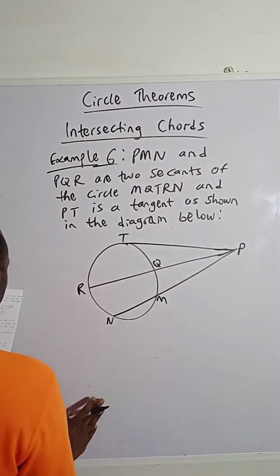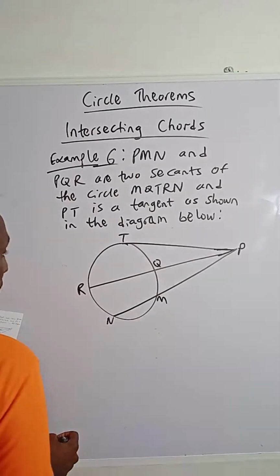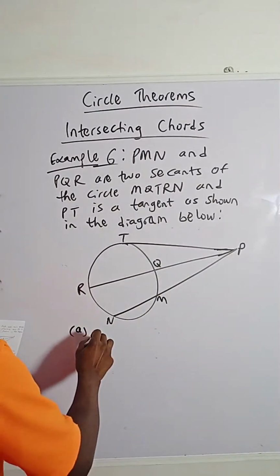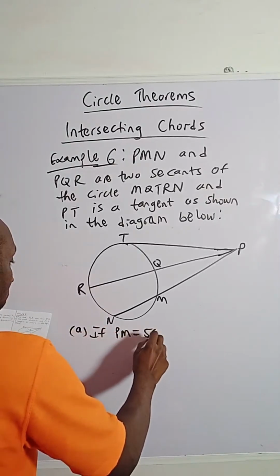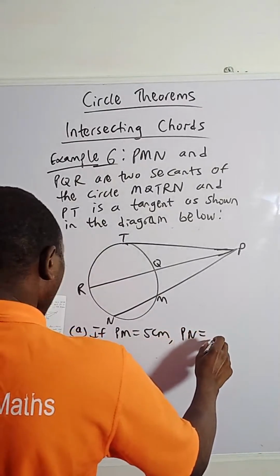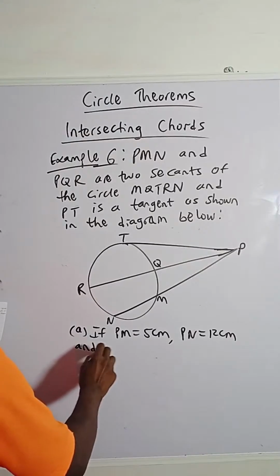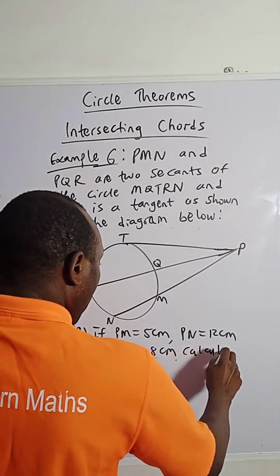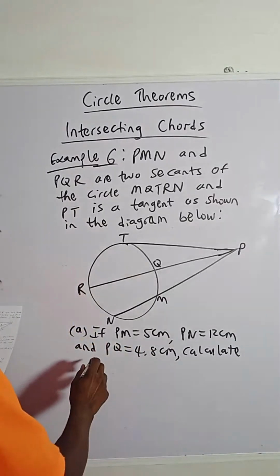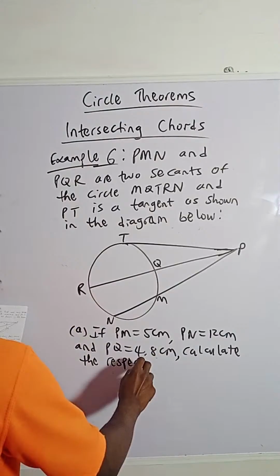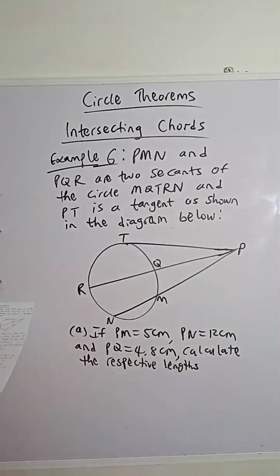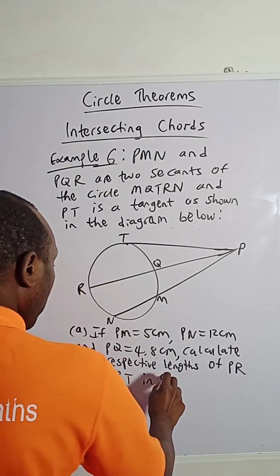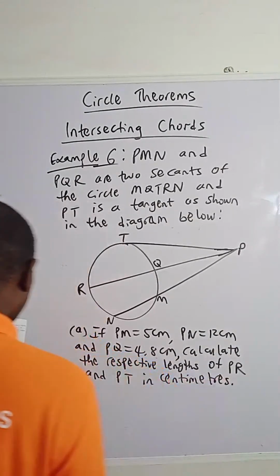Now they said if PM is equal to 5 centimeters and PN is equal to 12 centimeters and PQ is equal to 4.8 centimeters, calculate the respective lengths of PR and PT in centimeters. If you can get started already.